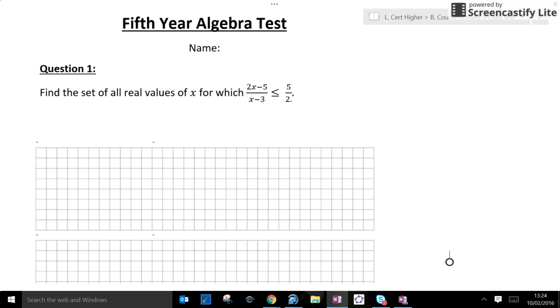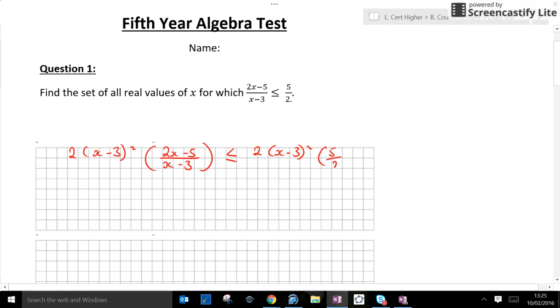Therefore, we do not need to reverse the inequality sign, giving us 2 by (x minus 3) squared by (2x minus 5) all over (x minus 3), less than or equal to 2 by (x minus 3) squared by 5 halves.